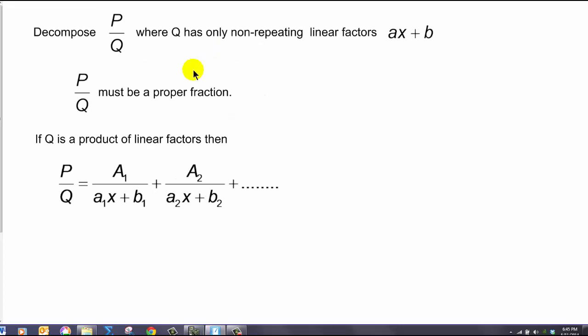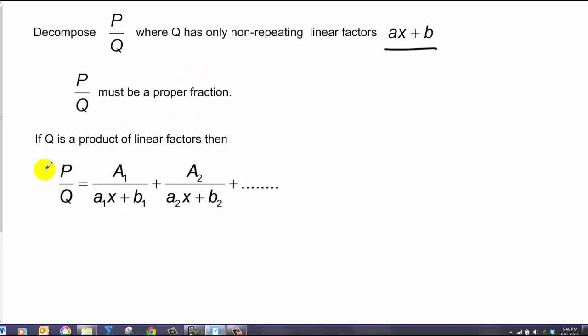The first is if we want to decompose some fraction P over Q, where Q has non-repeating linear factors of ax + b. In other words, these factors are linear in nature. No squared terms. P over Q has got to be proper, which means it's not greater than 1, or the denominator doesn't go into the numerator.